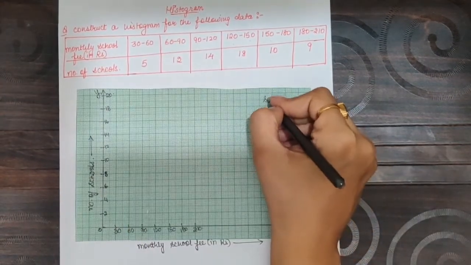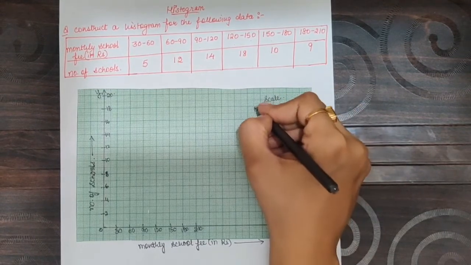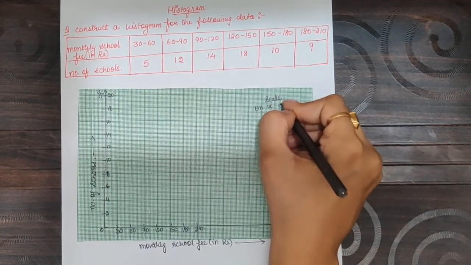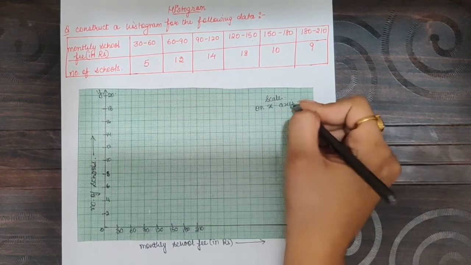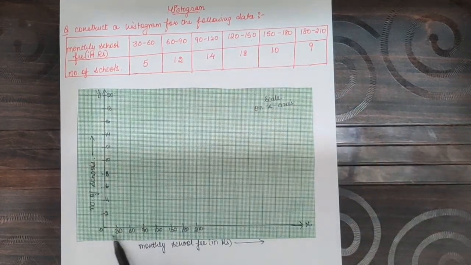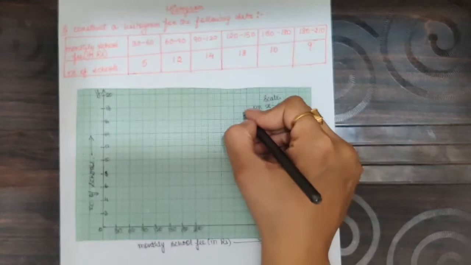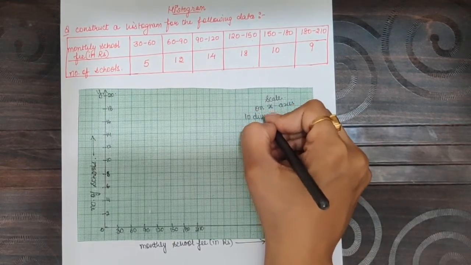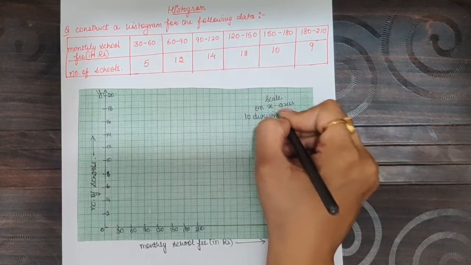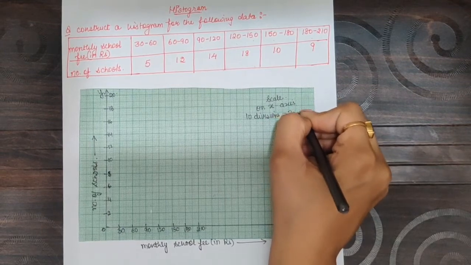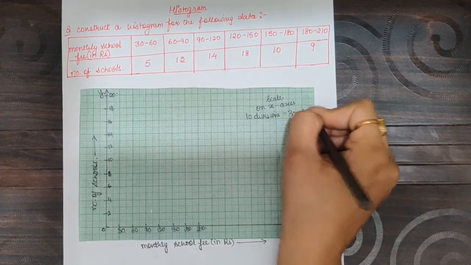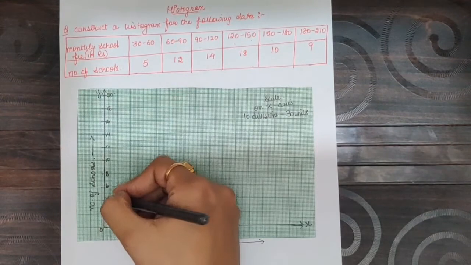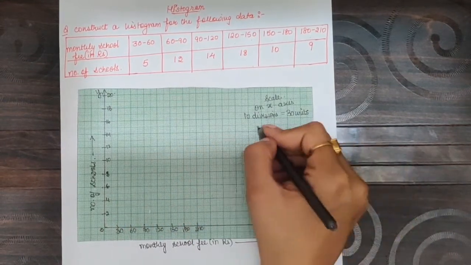Write the scale. On the x-axis, 10 divisions is equal to 30 units. And on the y-axis, 10 divisions is equal to 2 units.